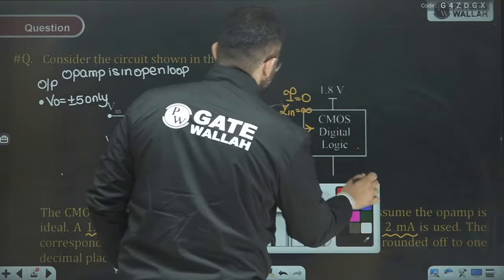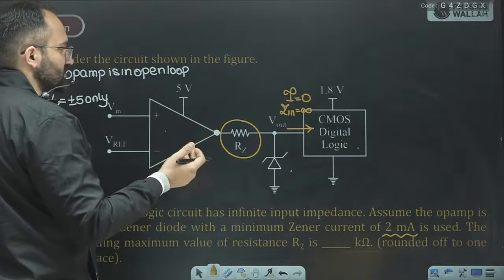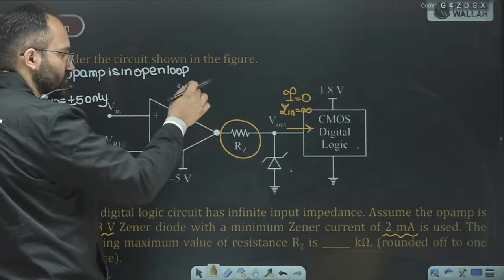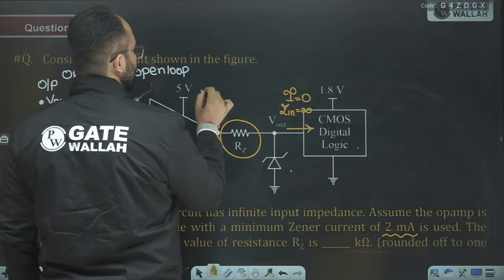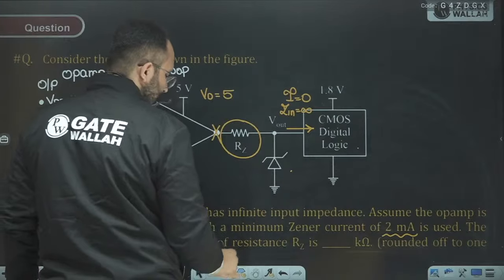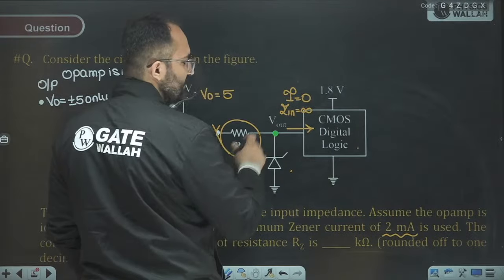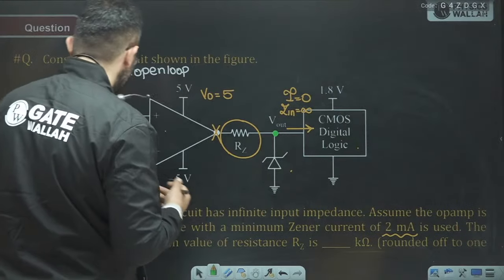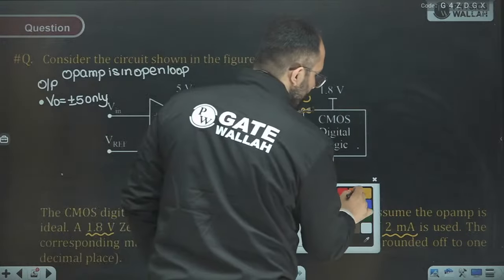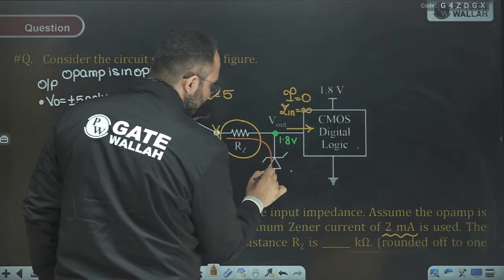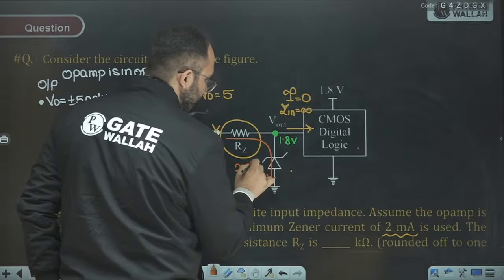Now when the output is minus 5, the Zener diode is forward biased, but we don't want to keep the Zener diode in forward bias. So to keep this Zener diode working, the output of the op amp should be 5, and the Zener diode should go in breakdown. In breakdown the Zener voltage is 1.8 volt, and the minimum current should be 2 milliampere.